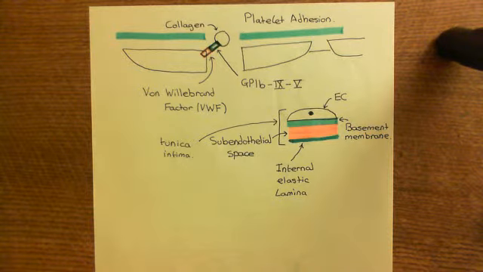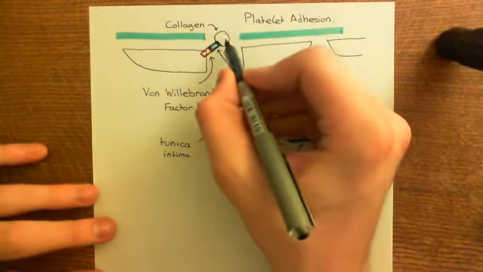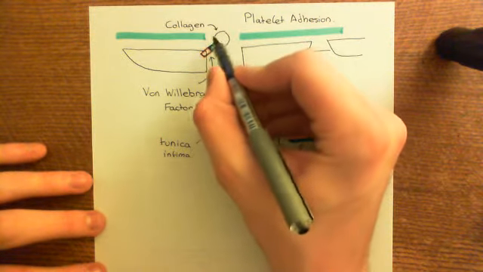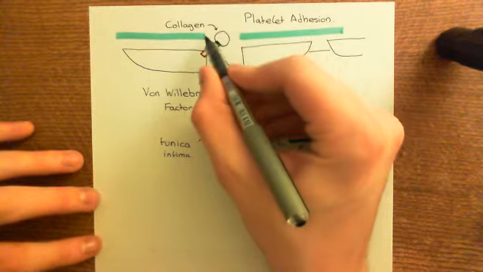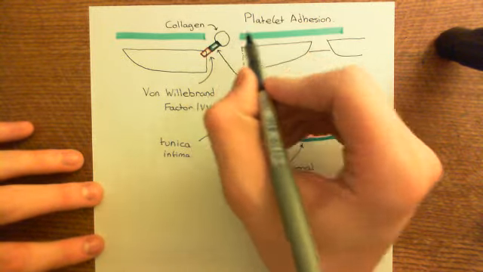Okay, so let's discuss the activation process of a platelet. Let's imagine that our platelet which has undergone the adhesion is going to see some collagen and is going to undergo activation.